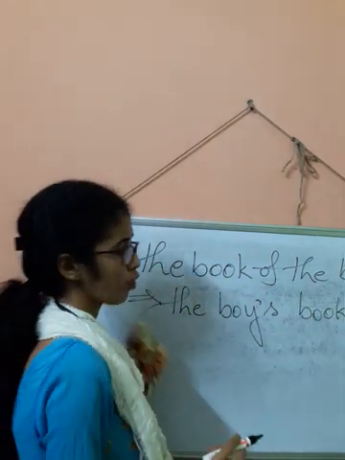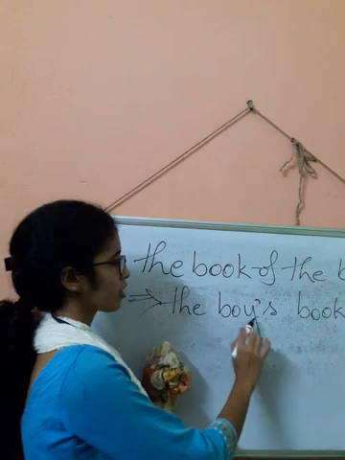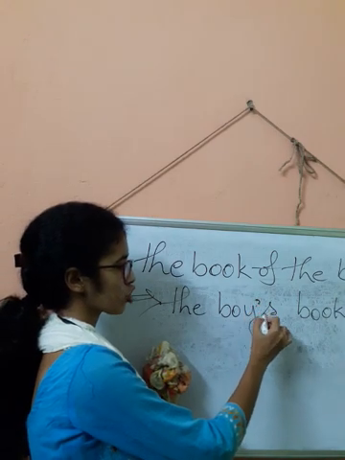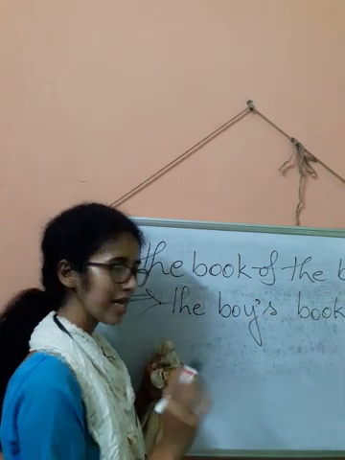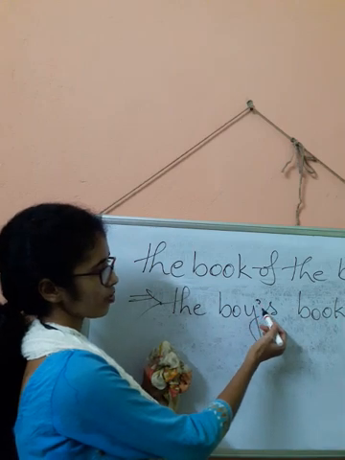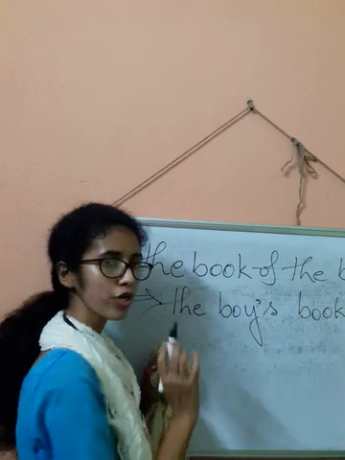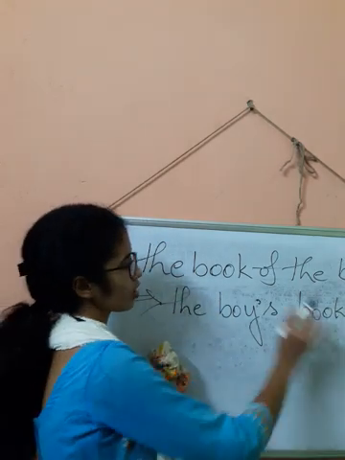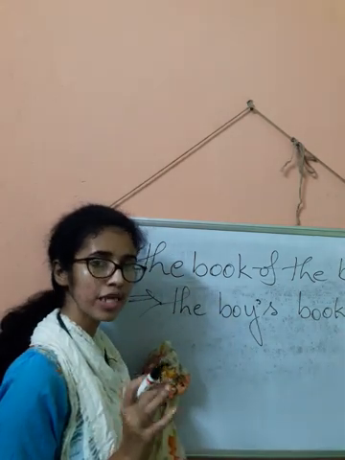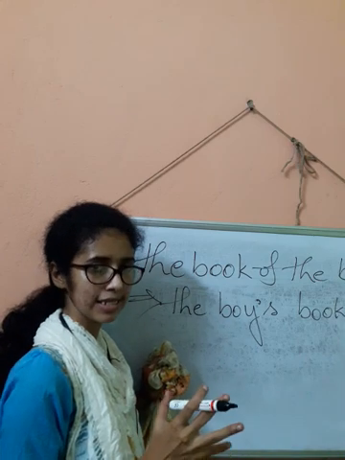The boy's book. After boy we are using apostrophe and s. This comma is known as apostrophe, and after that we are using s.